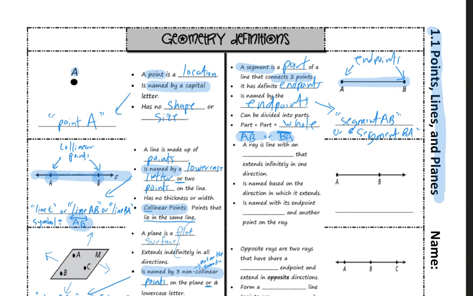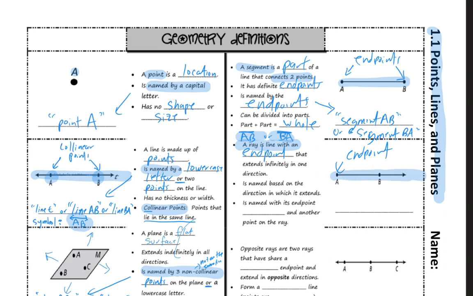Okay. Next, this is called a ray. Okay. So a ray is a line with an end point. Okay. So we see this end point right here. And then it extends indefinitely in the other direction. So if you see right over here, this arrow tells us that it keeps going, right?